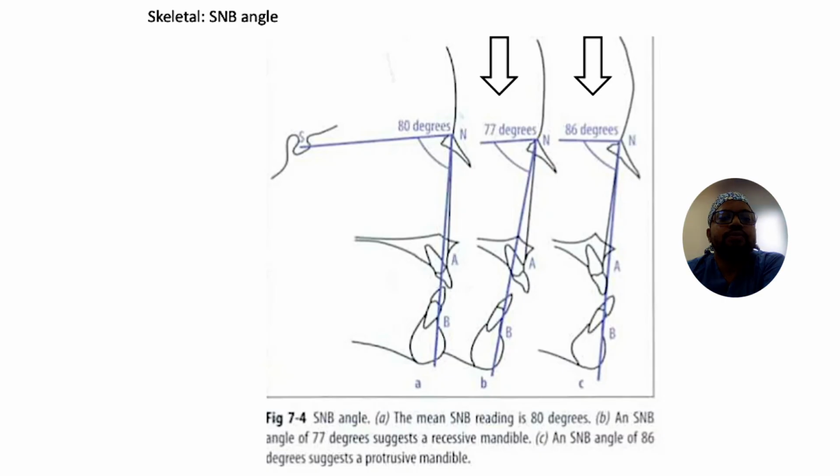Moving on to the picture here, 80 degrees, 77 degrees, 86 degrees, which clearly shows the mandibular relation with the SN plane, so the mandible in relation to the cranial base. So mandible normal, mandible retrognathic, mandible prognathic.